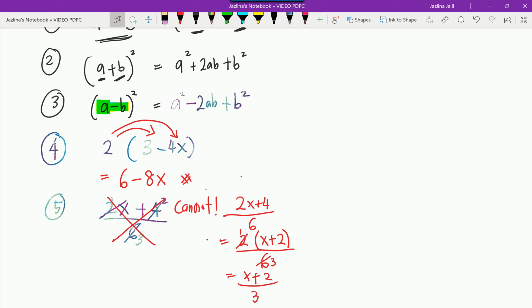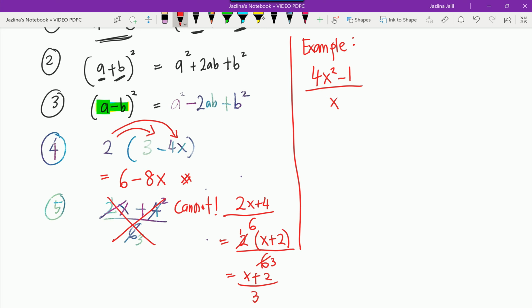The next tip is when it involves multiplication. We have here an example: (4x square minus 1) over x, divided by (2x minus 1) over 2x. Just remember, for this topic, you must factorize out whichever you can factorize.